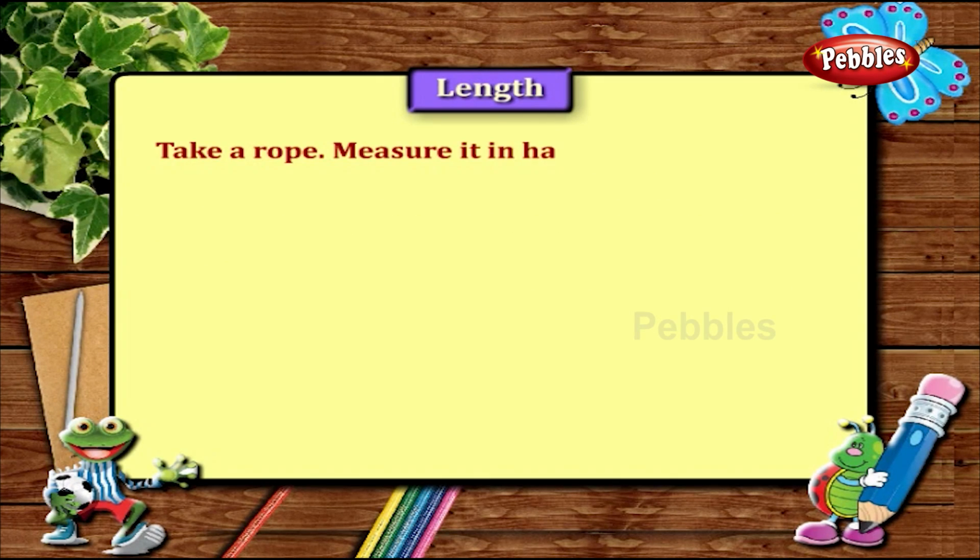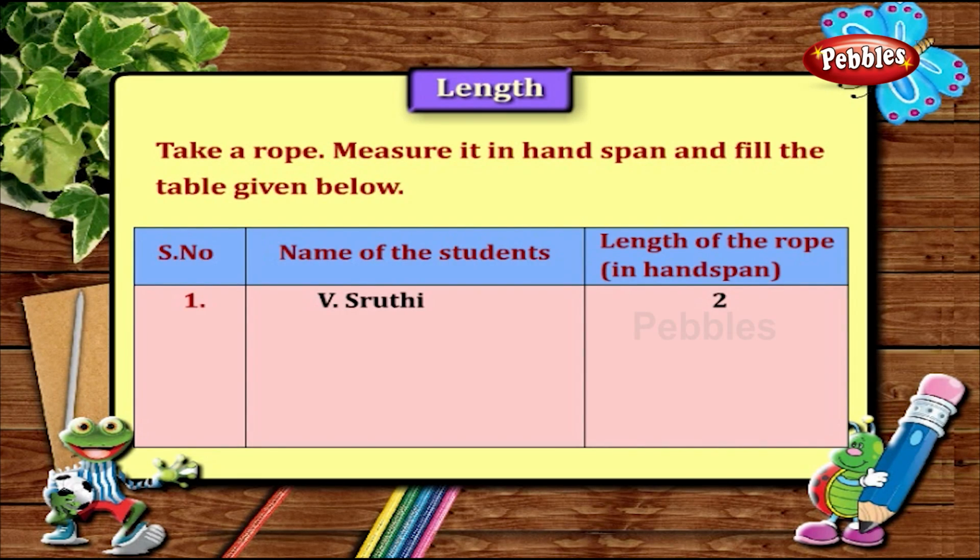Take a rope, measure it in handspans, and fill the table given below. Shruti measured the length of the rope as 2 handspans. Rashita measured the length of the rope as 1 3/4 handspans.